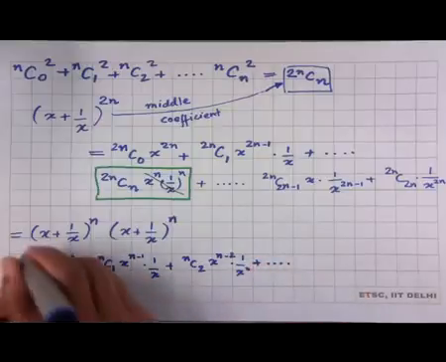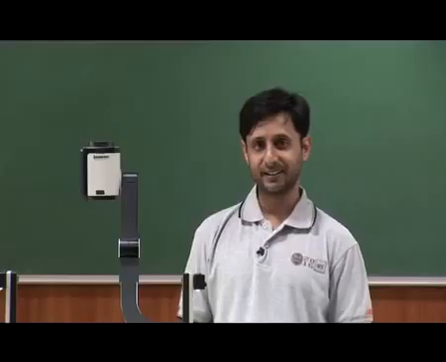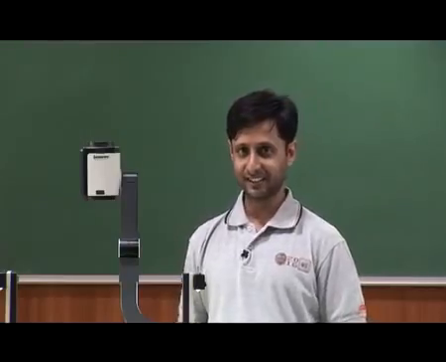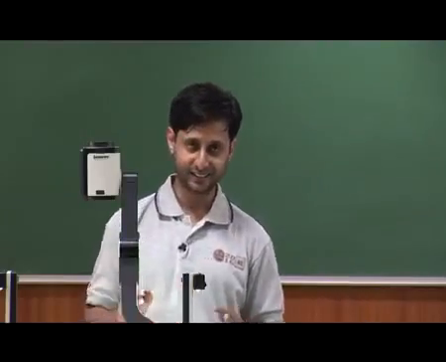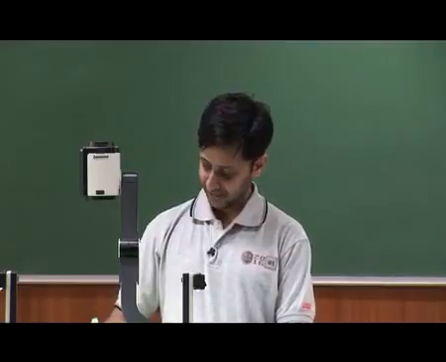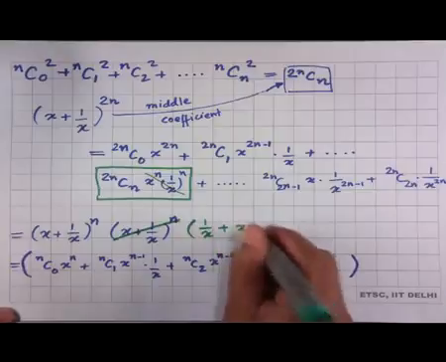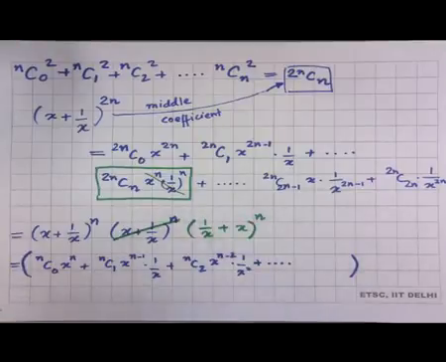and so on. This is the first expansion, and the next expansion is, okay, let us modify this a little bit. I will not write it as x plus 1 by x power n, I will write it as 1 by x plus x whole power n. Okay, I am playing some tricks.